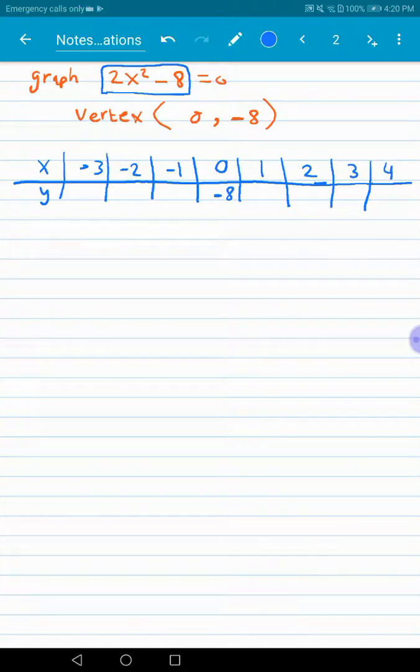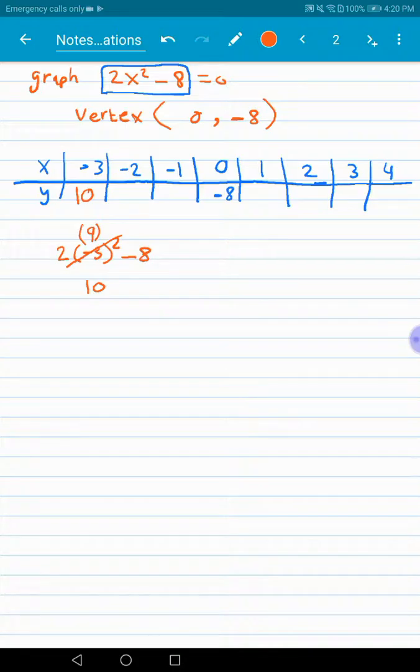To find the y, we replace the minus 3. 2 times minus 3 squared minus 8. Minus 3 squared is 9, 2 times 9 is 18, minus 8 is 10. So here we have 10.